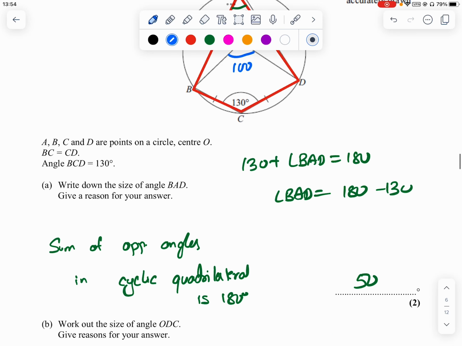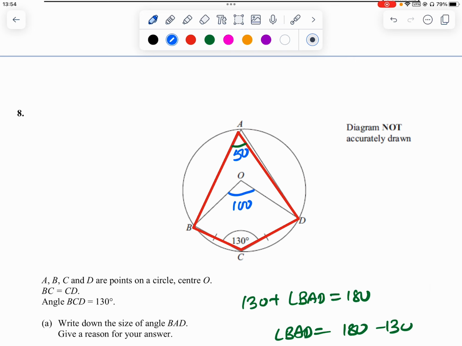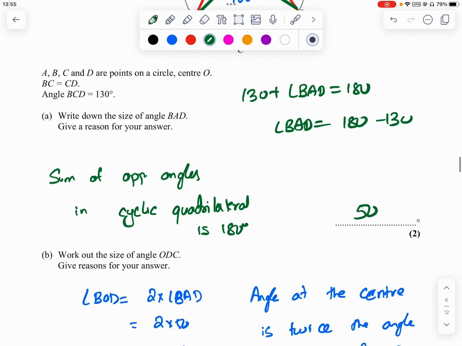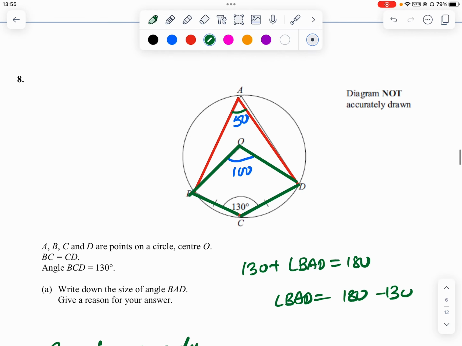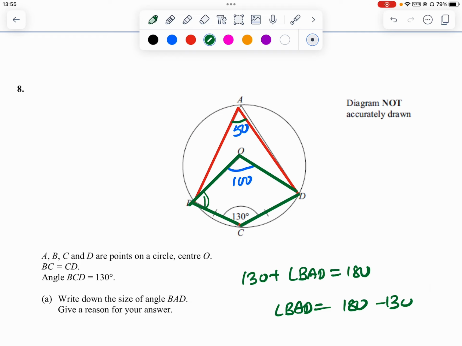Now we know that OBCD is a kite. So what am I going to write? OBCD is a kite, and angle OBC will be equal to angle ODC. In a kite, those two angles will be the same.